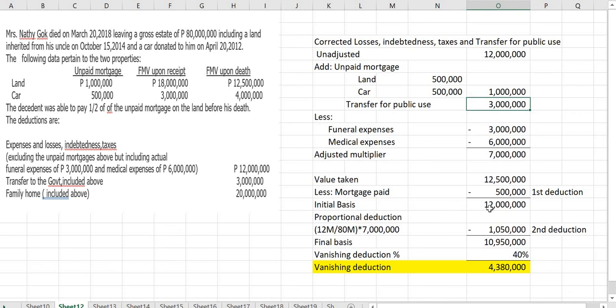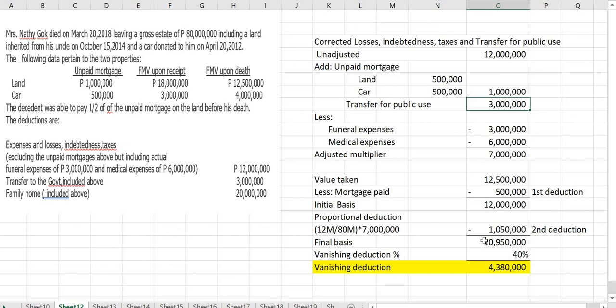So, your initial basis is 12 million. So, proportional deduction, right? We have our adjusted multiplier of 7 million, then the initial basis, which is 12 million, over the gross estate of 80 million, times the 7 million multiplier. So, your second deduction would be 1,050,000. Then, the final basis is 10,950,000.